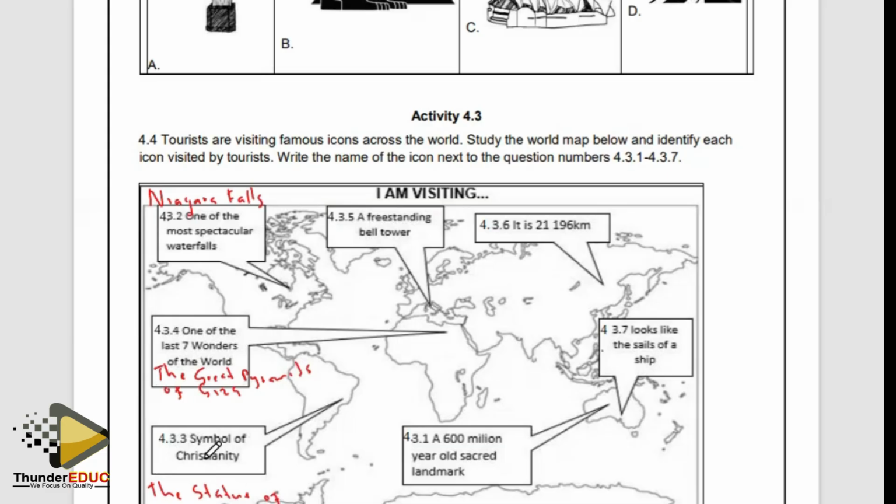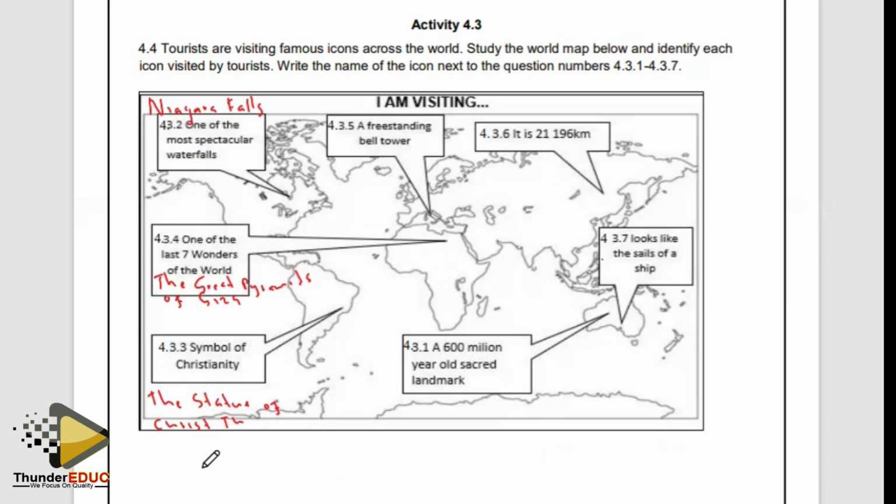Then the next one, a freestanding bell tower, that is the Leaning Tower of Pisa.